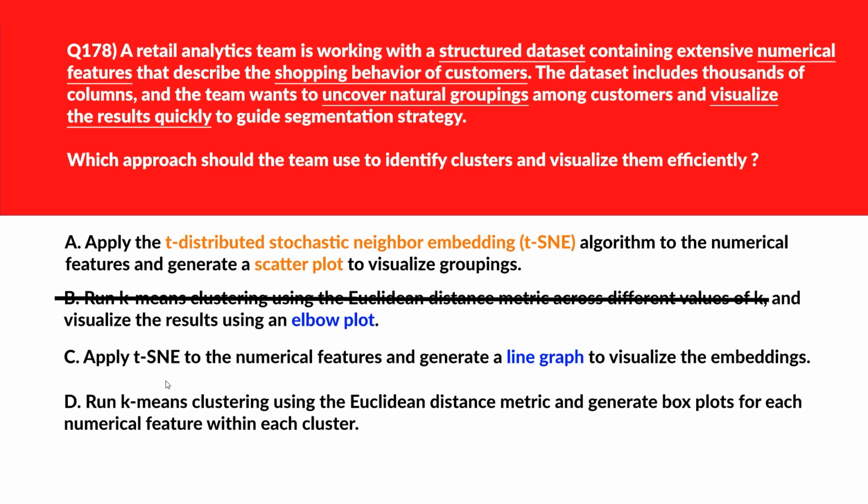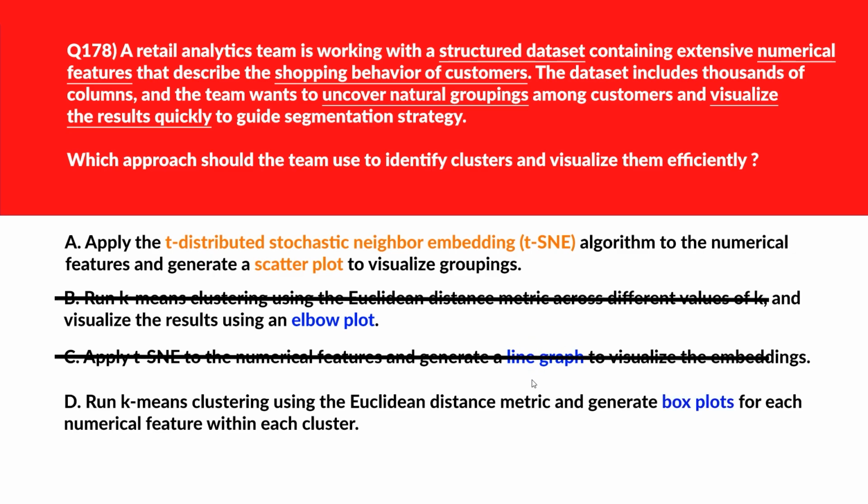C says apply t-SNE to the numerical features and generate a line graph to visualize the embeddings. Line graphs are unsuitable for visualizing embedded high dimensional data. Let's delete it.